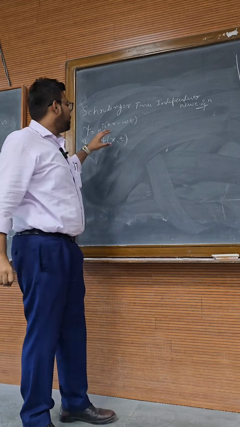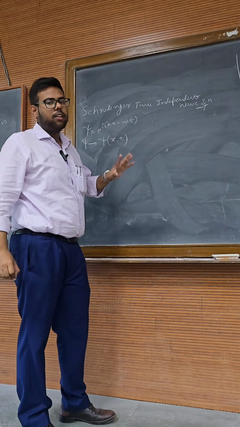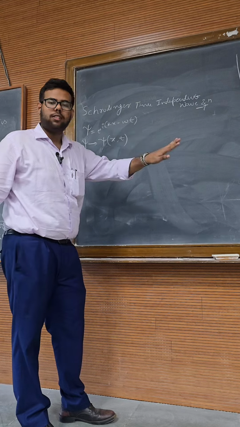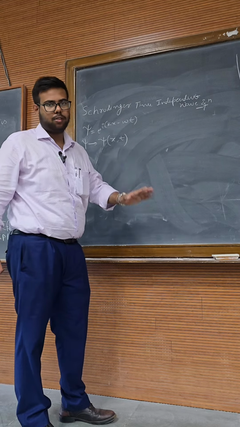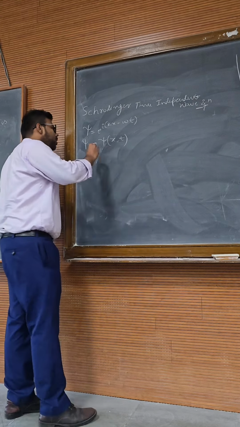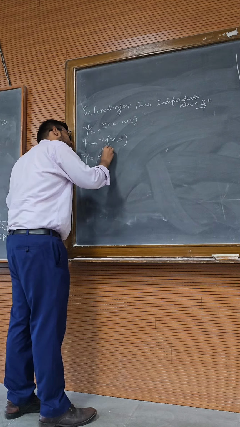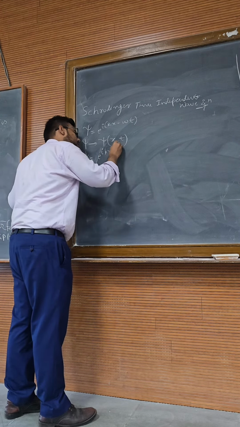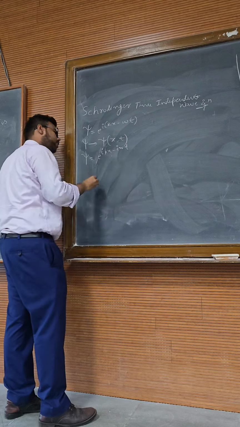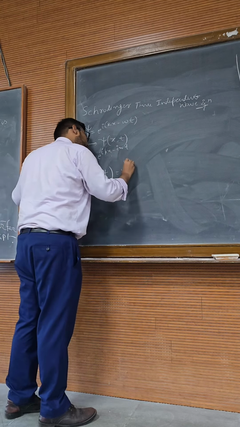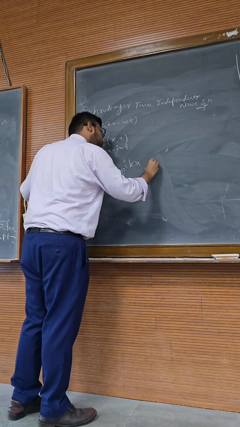And note that in this I am dealing with only the one dimensional Schrodinger wave equation, to make things simple. Later we will discuss multi-dimensional systems also. So notice that you can write psi is equal to e raised to the power i of kx into e raised to the power negative i omega t.